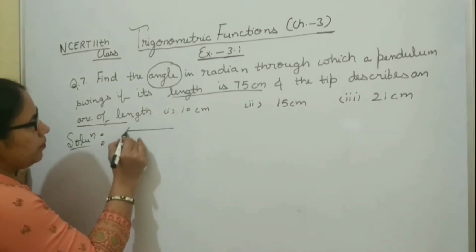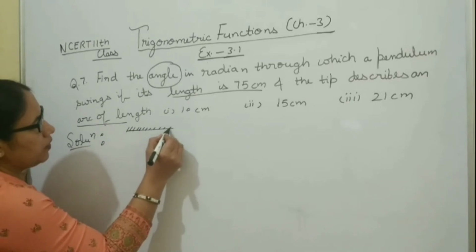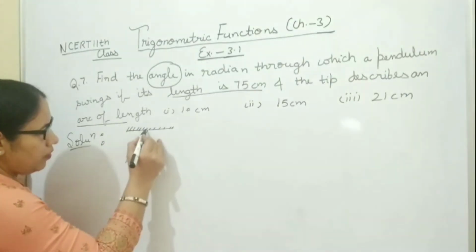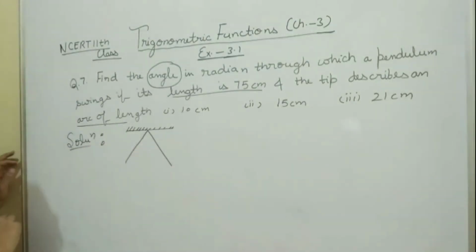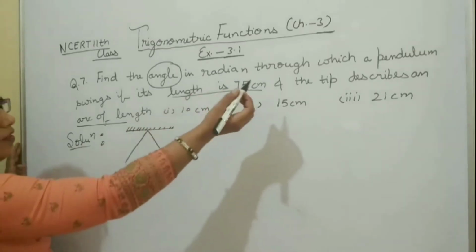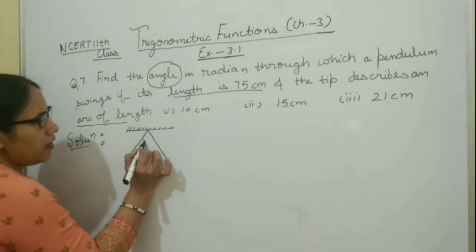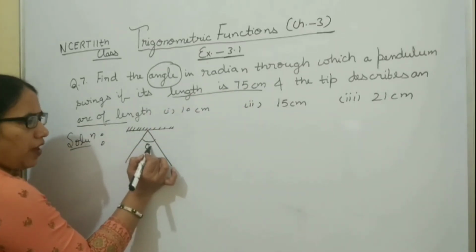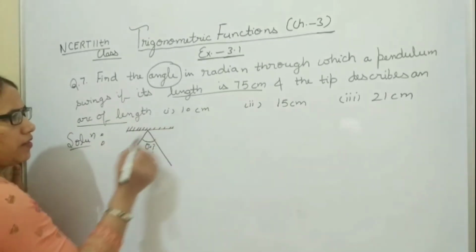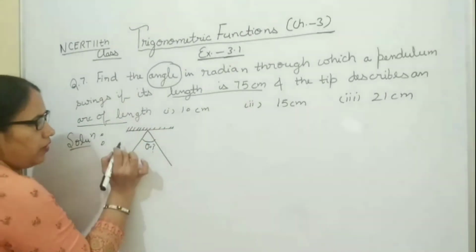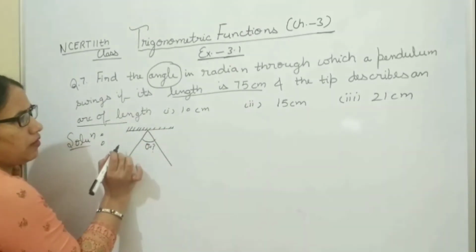In this question, we have to find the angle through which the pendulum swings, which means we have to find the angle for different lengths. In the first part it is given as 10 centimeter.